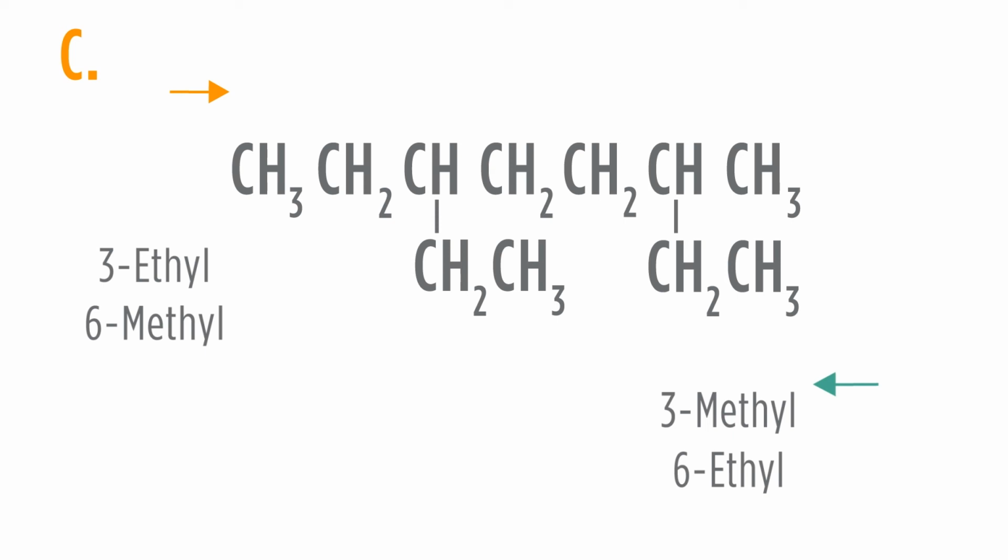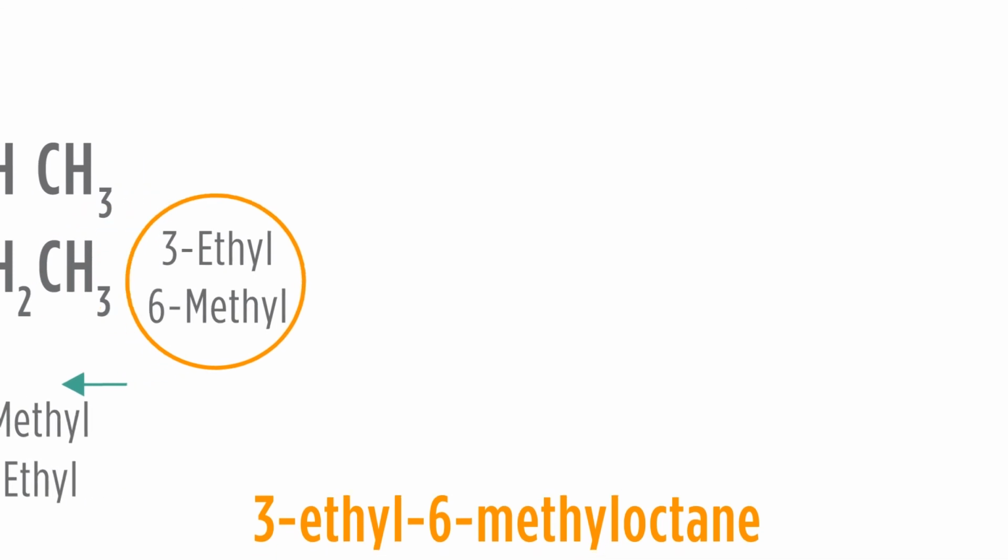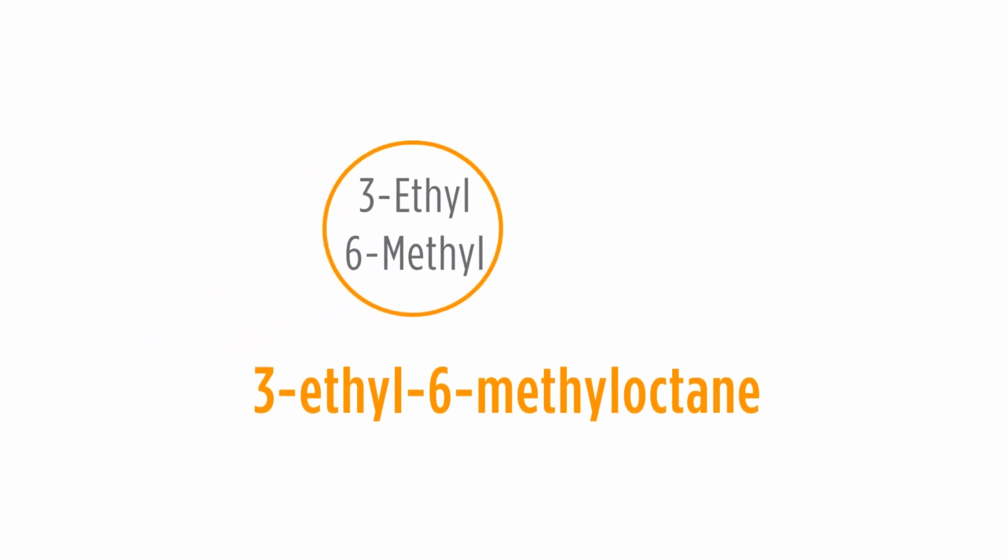Well, what's our last rule in the IUPAC? Alphabetic. Since both number directions are the same, 3 and 6, or 3 and 6, we look at our last rule, the alphabetic. Which one would get the nod? The 3-methyl or the 3-ethyl? Ethyl starts with an E, which comes before M, so therefore that's our correct name. If we put this all together, we're going to see that we have 3-ethyl, 6-methyl, octane.